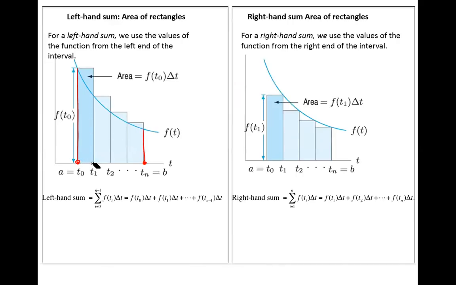That means I will divide the entire sub-interval from A to B by 4. Then I will get my delta t: B minus A, that's the length between A and B, divided by the number of rectangles. That's how we get the base. Now, we do have to find the height of these rectangles.